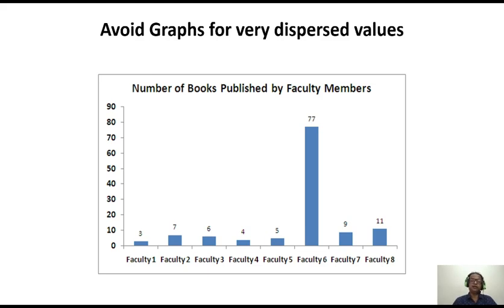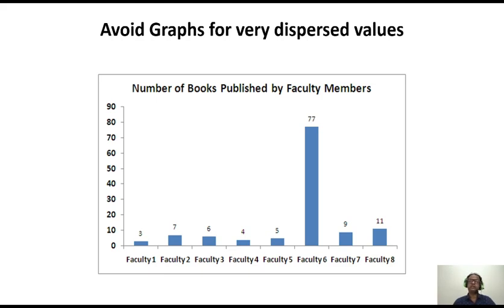Whenever you come across such a data set, it is very important to scrutinize the data and revisit that data source to find out whether this is really a possibility or not. While others are publishing at the max of 11 books, one of them has 77, 7 times more than the next maximum.